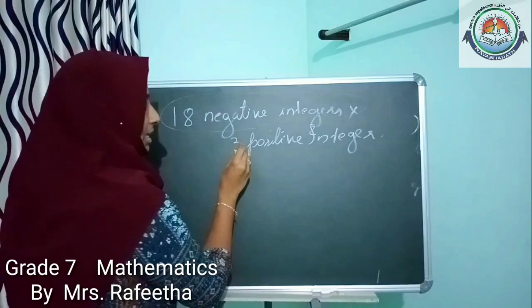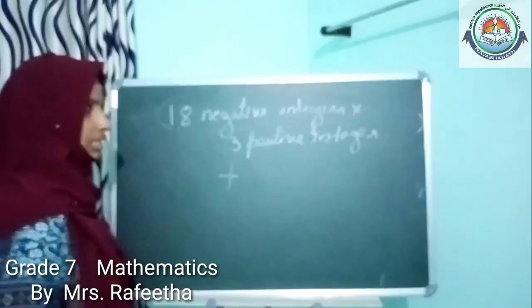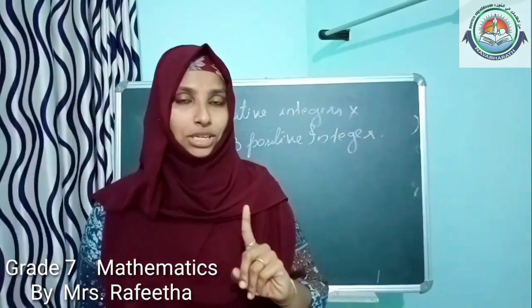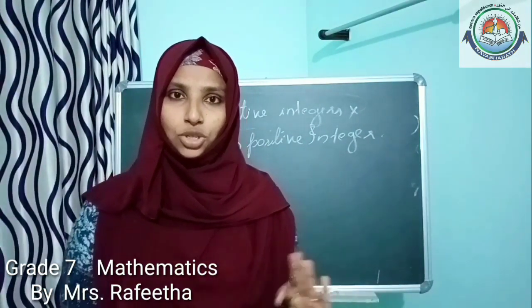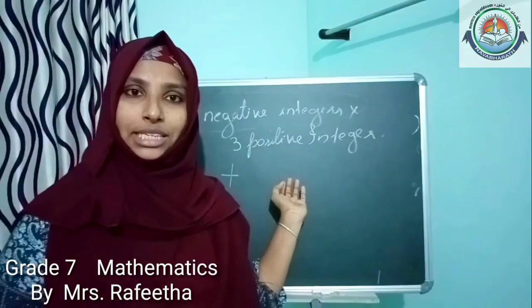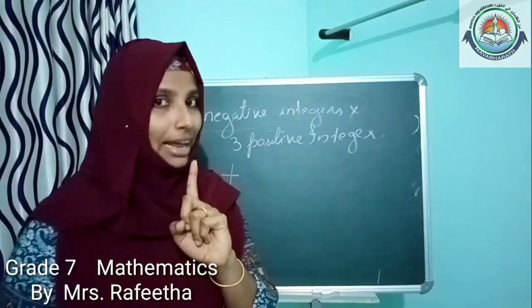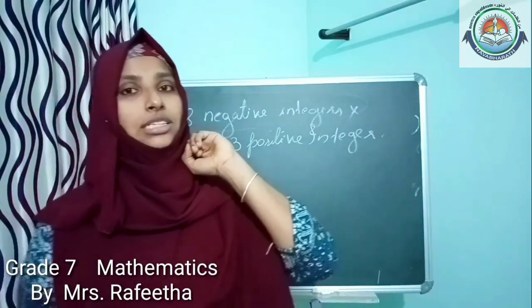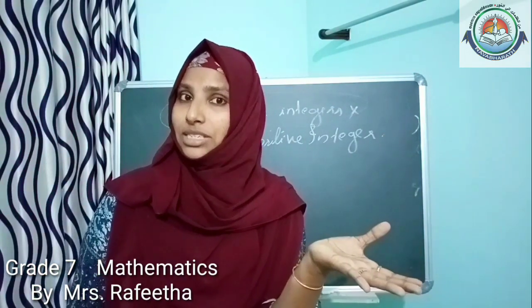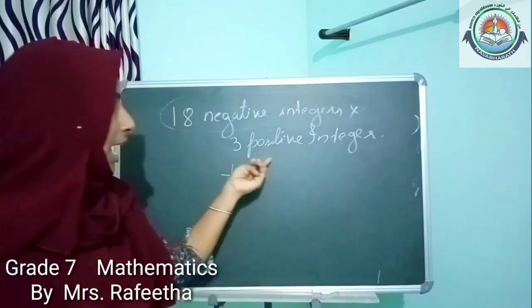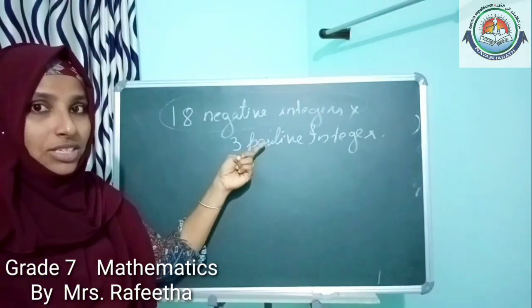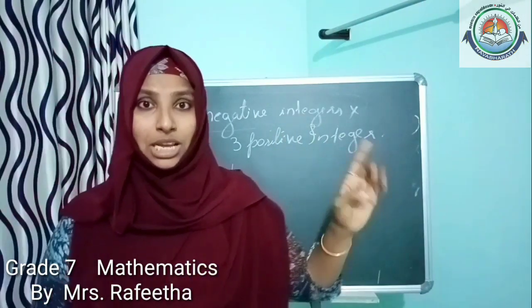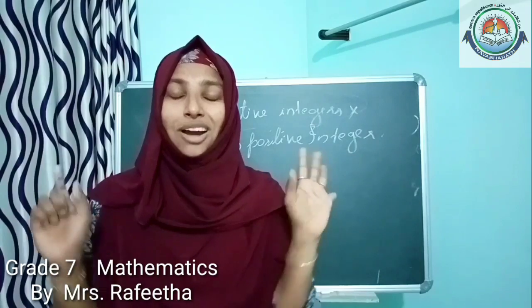Next, 3 positive integers. Here one confusion is that 3 is an odd number, so you may think it will obviously be negative. But we said the number of negative integers determines the result. Here they are not negative integers; they are positive integers. Positive numbers cause no confusion.